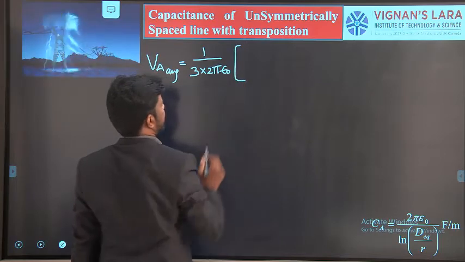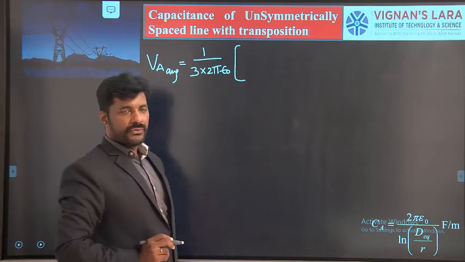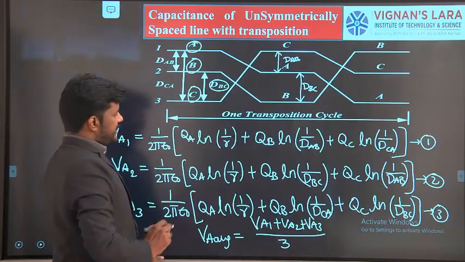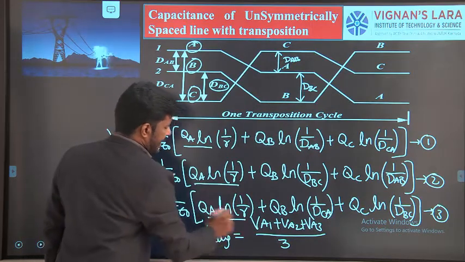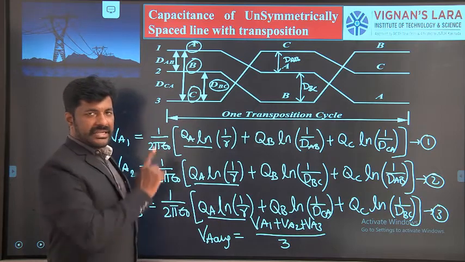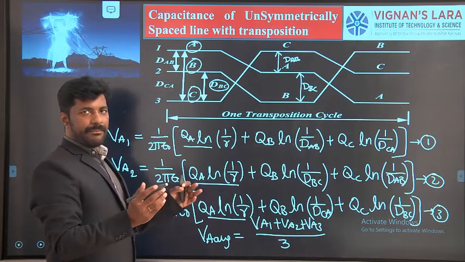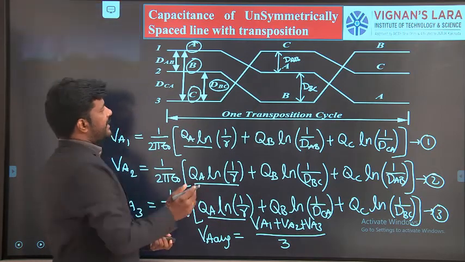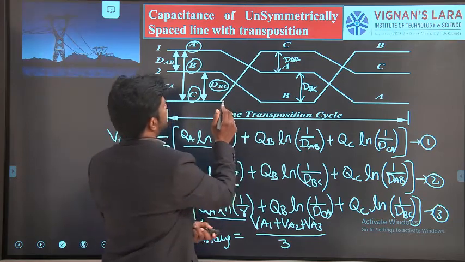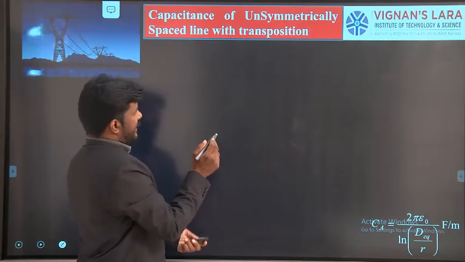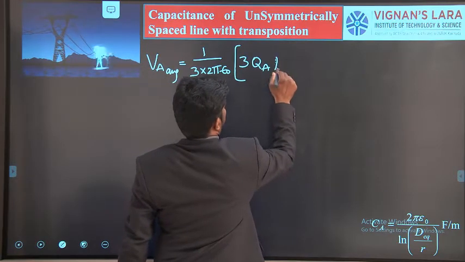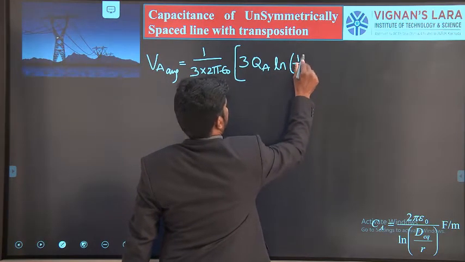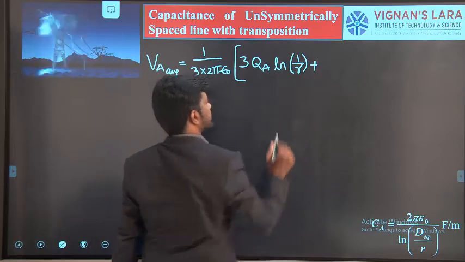Looking at the first terms, QA ln of 1 by R appears 3 times. Summing those 3, the first term in the average value can be written as 3 QA ln of 1 by R.